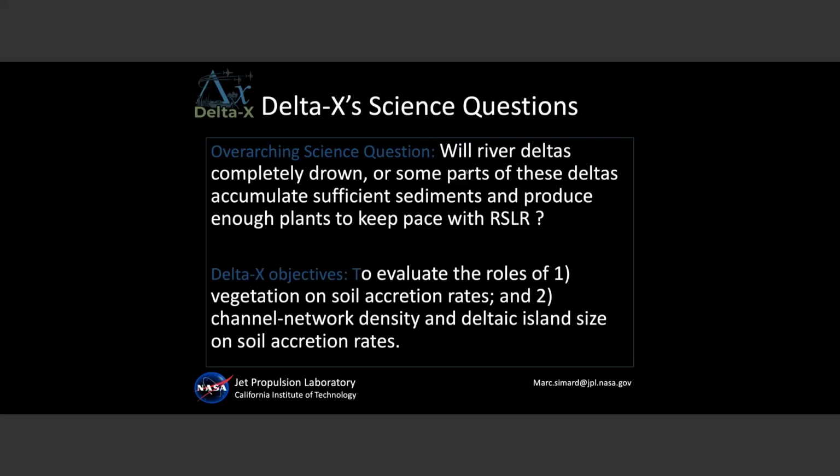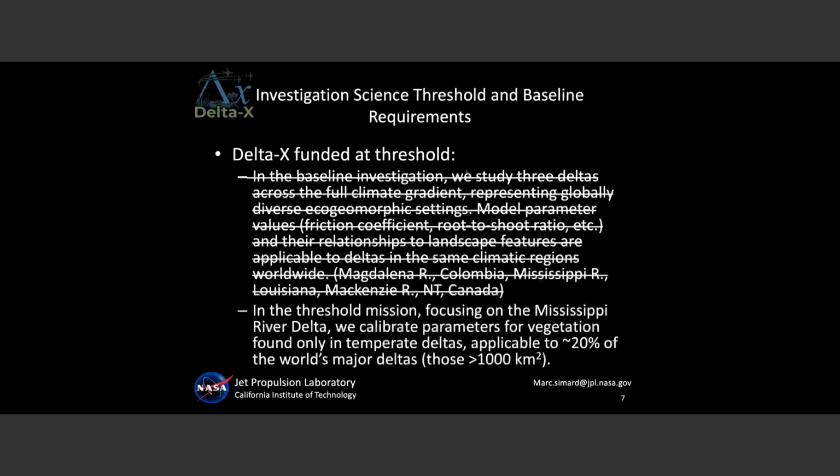sediment deposition component. So DeltaX initially, the proposal included 3 deltas which spanned the entire latitudinal gradient. So we had the Magdalena River Delta in Colombia, which was our tropical delta with mangroves. We had the Mississippi River Delta and the Mackenzie River Delta in the Northwest Territories of Canada.